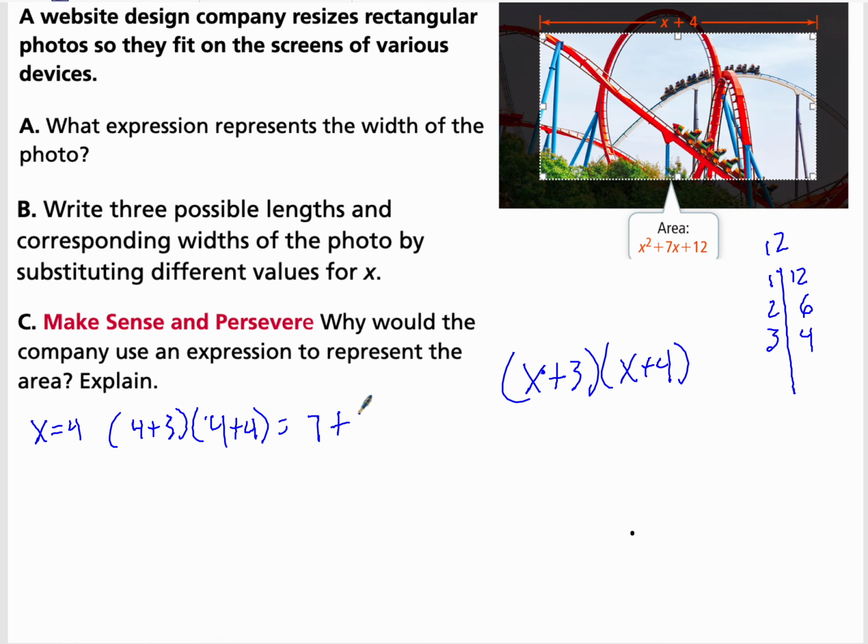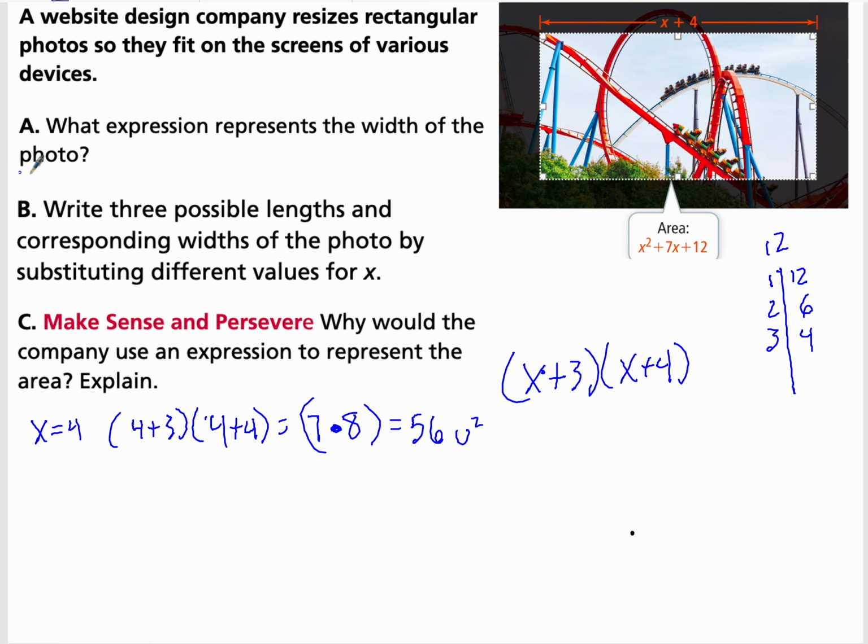So 7 plus 8, which would be times 8. I had it right first time. Sorry, I'm doing this late at night. All right, 7 times 8, which would be 56 units squared, whatever the units are.